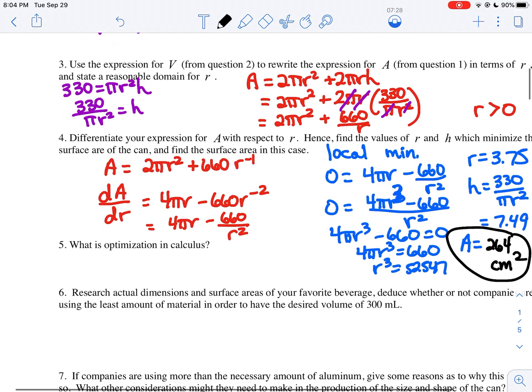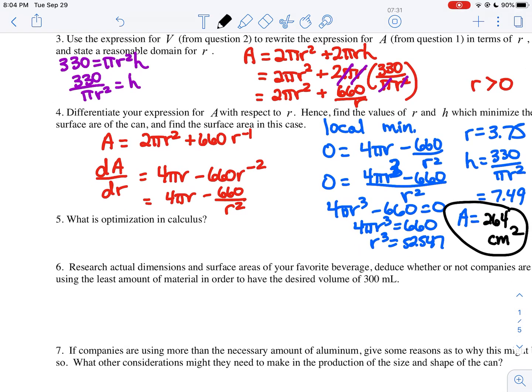All right, so what is optimization? Okay, what is optimization?